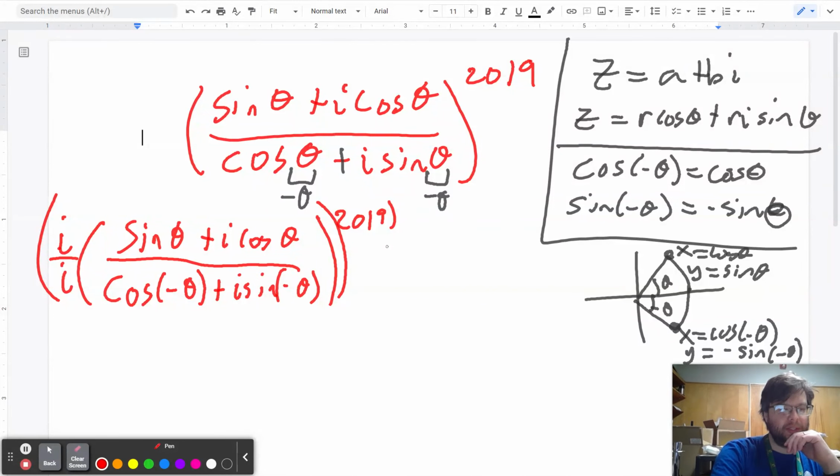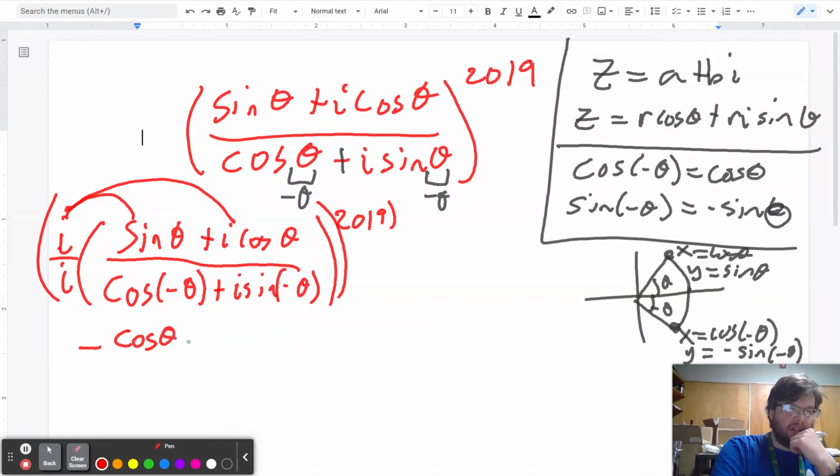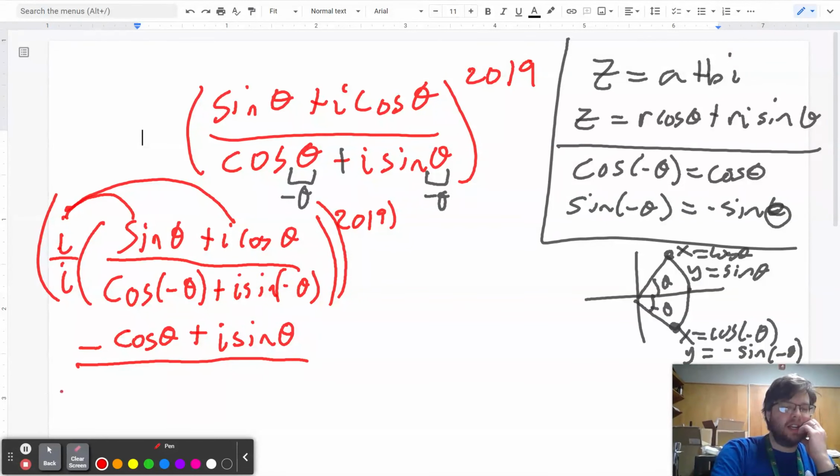And the reason I might do this is if I multiply i times sine and i times cosine, I will get, and I'm going to bring the cosine part in first, negative cosine theta plus i sine theta. And then I'm going to just take an i to the 2019 out. Let me write that a little differently.